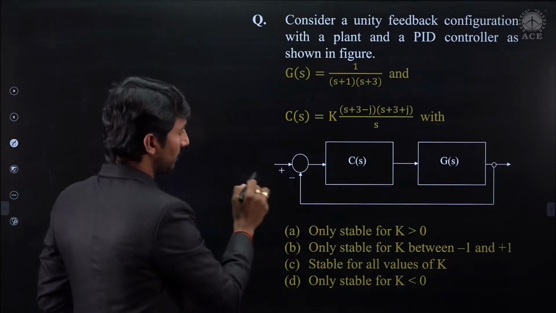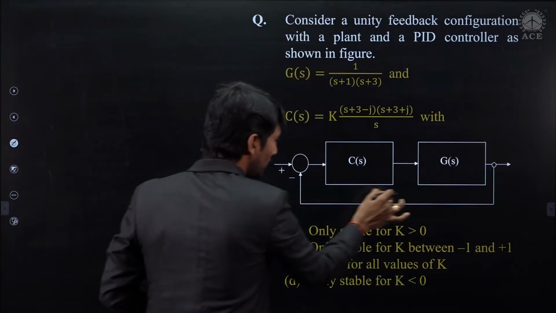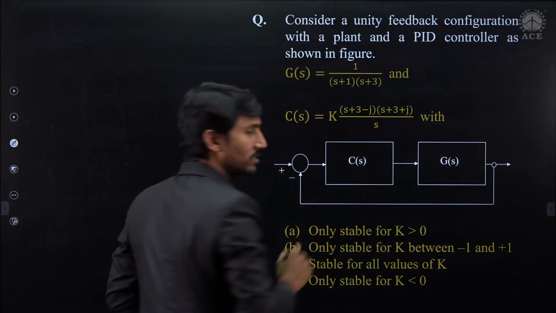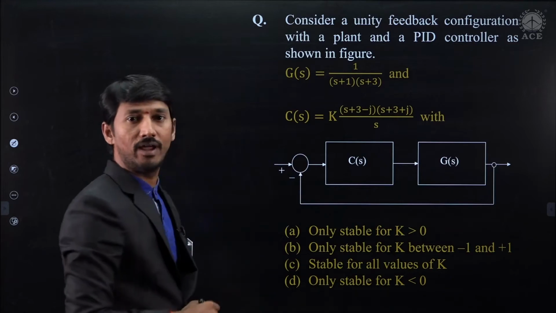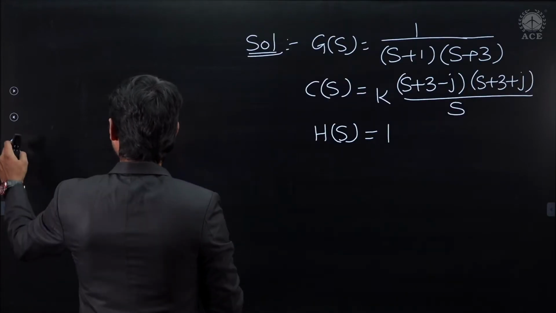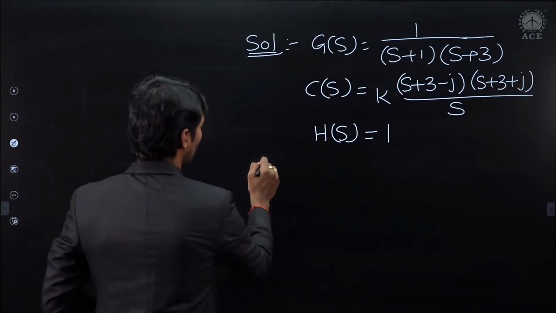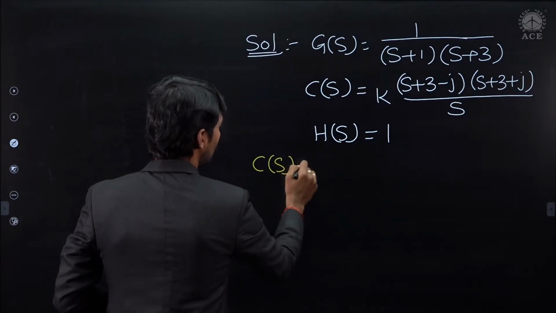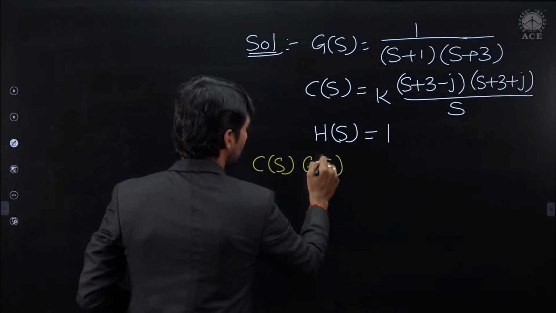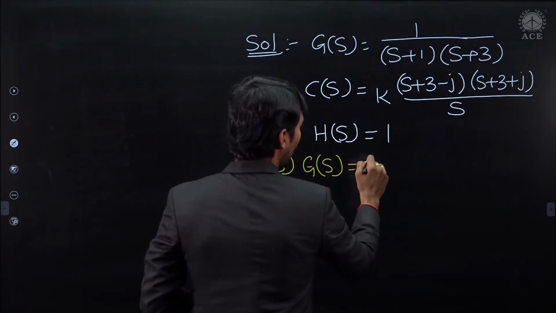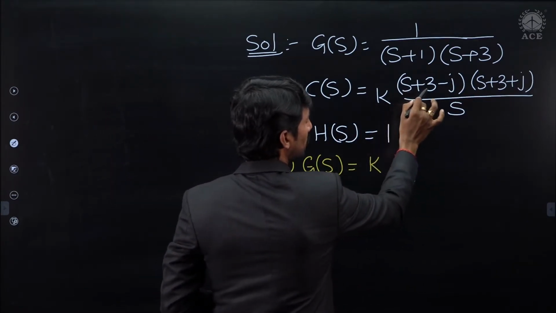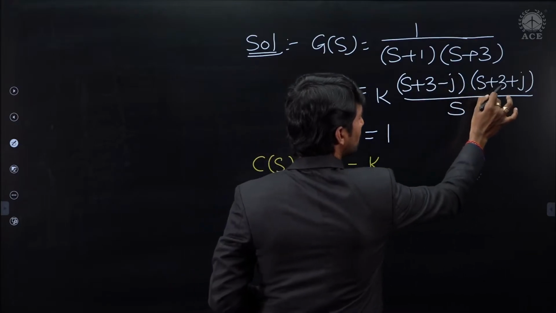Now if you see the figure, what is the combination of these two? C of S into G of S. So both must be multiplied to get the corresponding total value. So C of S into G of S: here K into (S plus 3 minus J) (S plus 3 plus J).